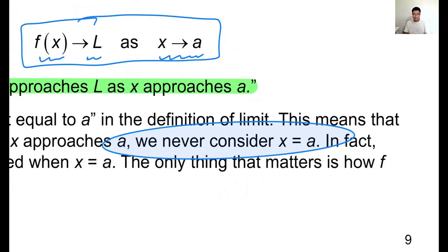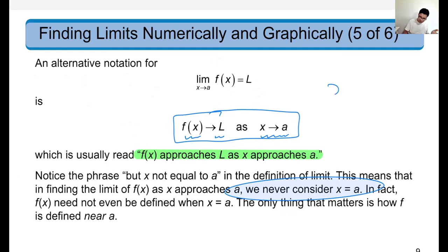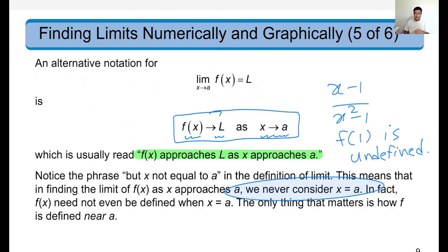Just like in the function x minus 1 over x square minus 1, in fact f of 1 is not defined, right? It is undefined. But still we say the limit is 0.5. So the limit is about where the function is approaching as you come from the left and right, never about what happens at 1. In this case, f of 1 is undefined.